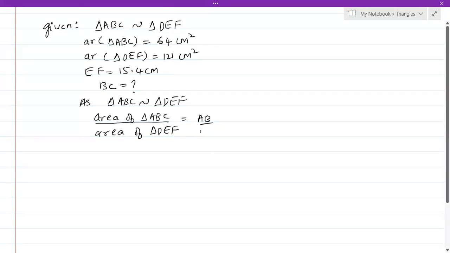That is AB by DE the whole square, which is equal to BC by EF the whole square, which is equal to AC by DF the whole square. Isn't it?